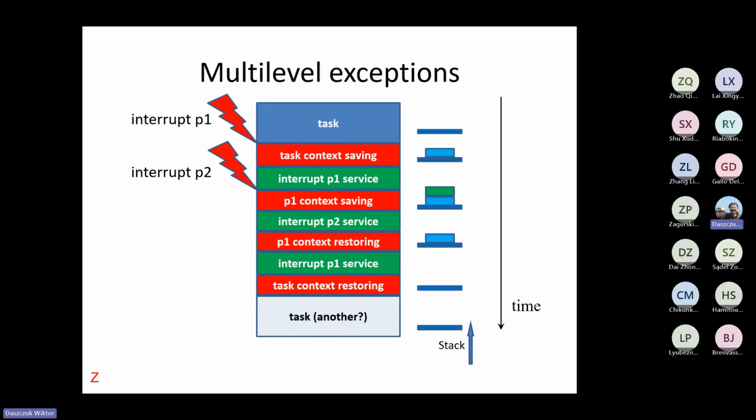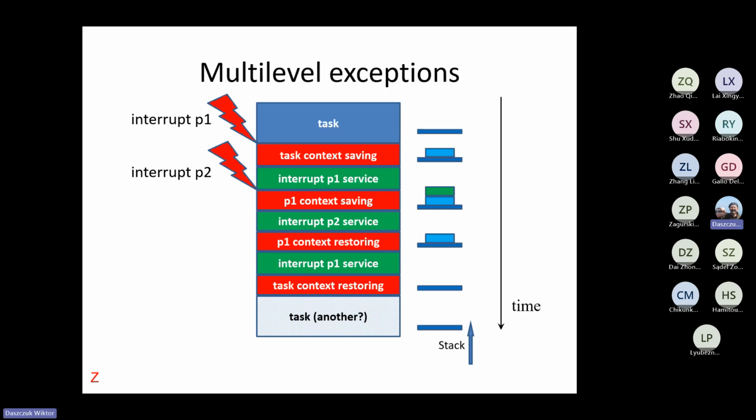However, we know that it can be another task. So we need not save the state of the interrupt handler on the user stack because we don't know if we return to the same or the other stack.